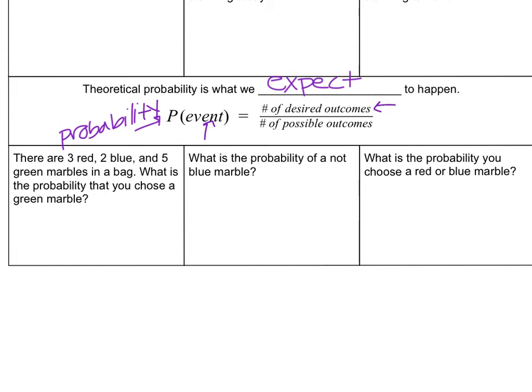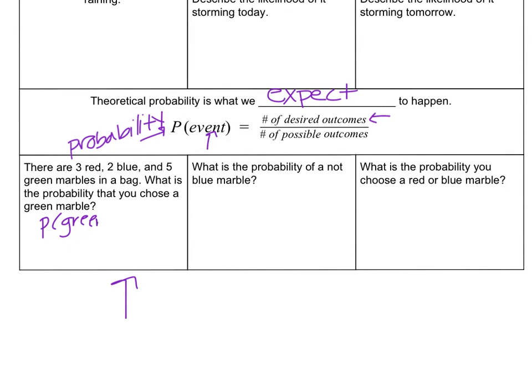So there's 3 red, 2 blue, and 5 green marbles in a bag. What's the probability you choose a green marble? Well, we're looking for the probability of green equals, well, right here it says that there's 5 green marbles.